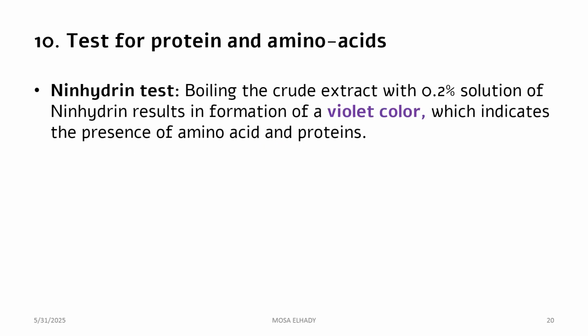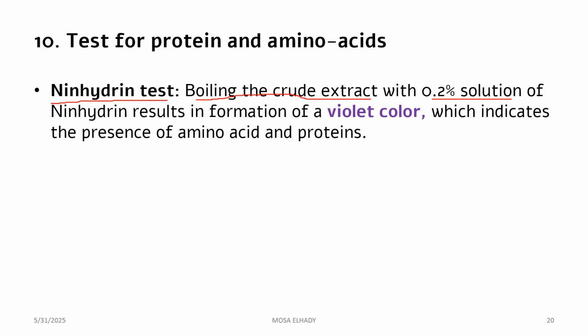For amino acids and proteins, we use the ninhydrin test. Ninhydrin reagent consists of a 2% solution of ninhydrin, and the extraction and preparation step includes boiling the crude extract with the ninhydrin reagent for a certain period of time.